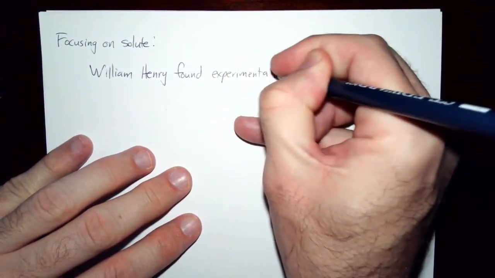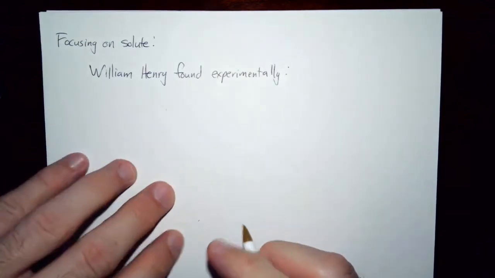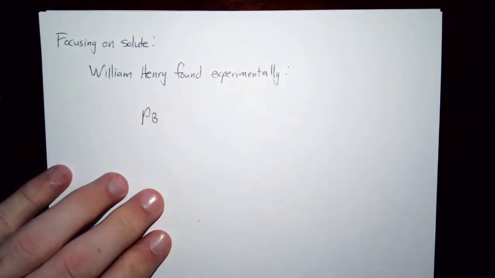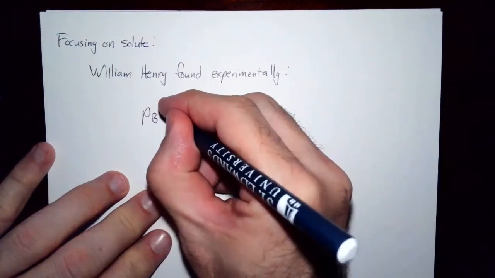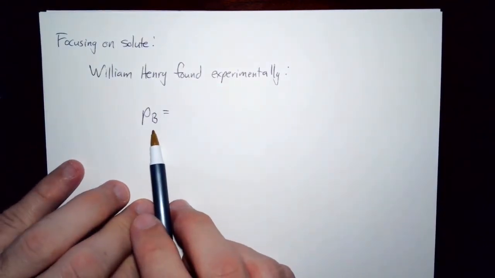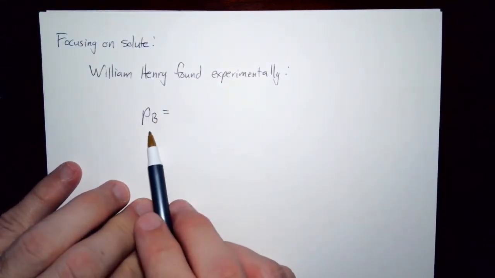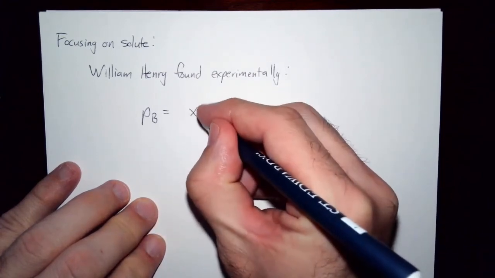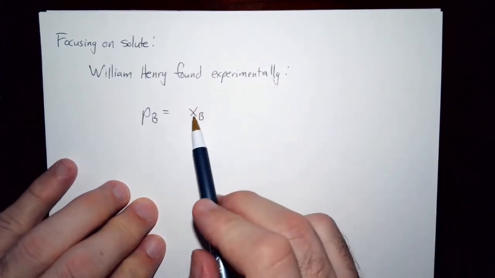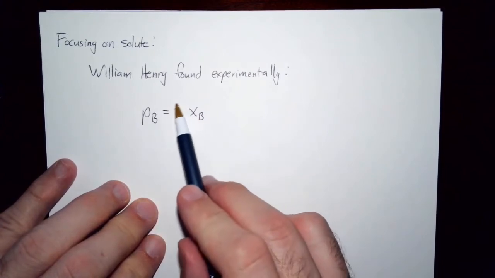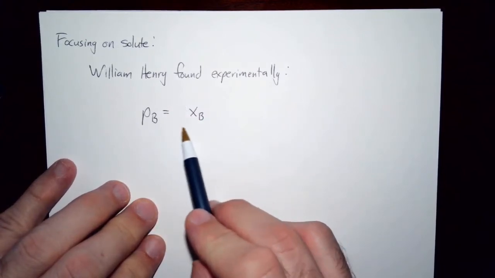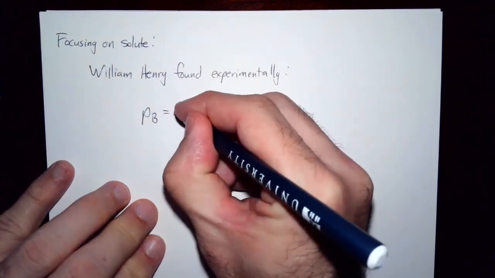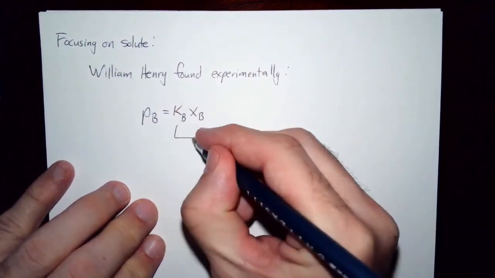And in the process, he came up with this relationship, which is called Henry's law, which is that the pressure of substance B is a straight line, roughly, if we plot it versus xB, but the constant of proportionality, the slope, is some other constant, which is called Henry's constant.